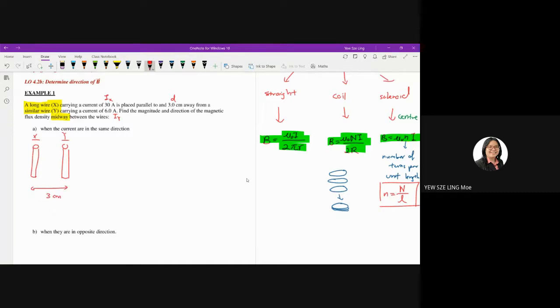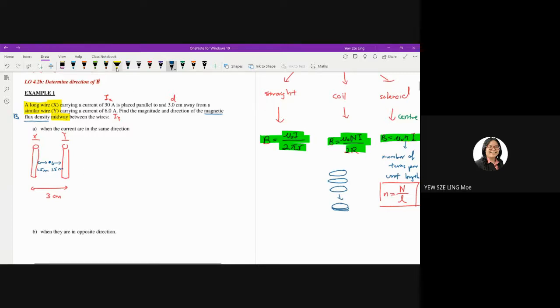The question is asking for the magnetic flux density, which is your B, midway between the wires. So this is midway. From here to here is 1.5 cm, and from here to here is also 1.5 cm. These are the information that we have right now.